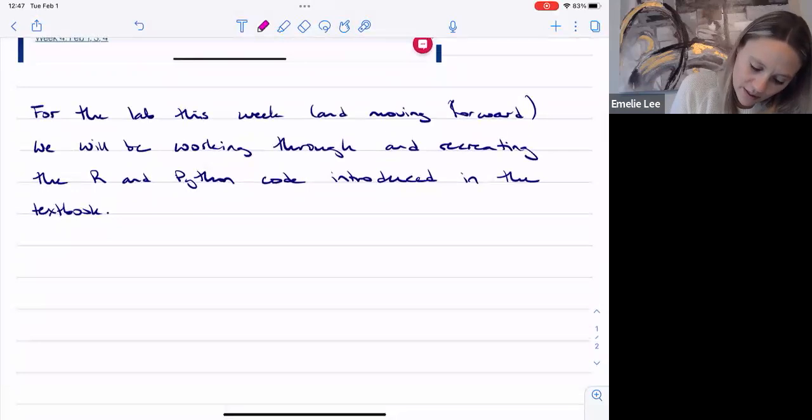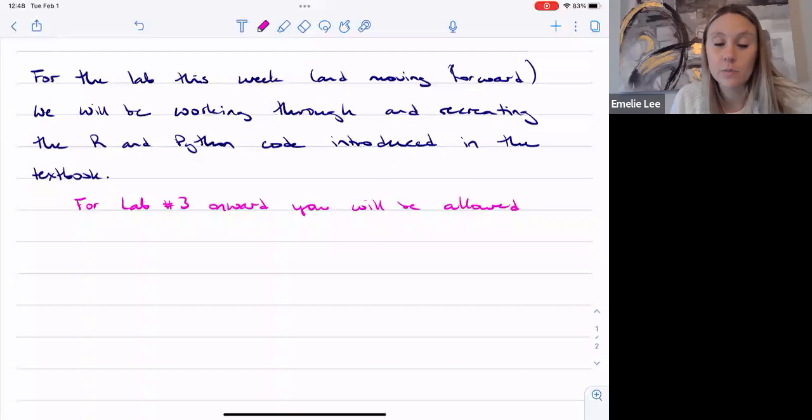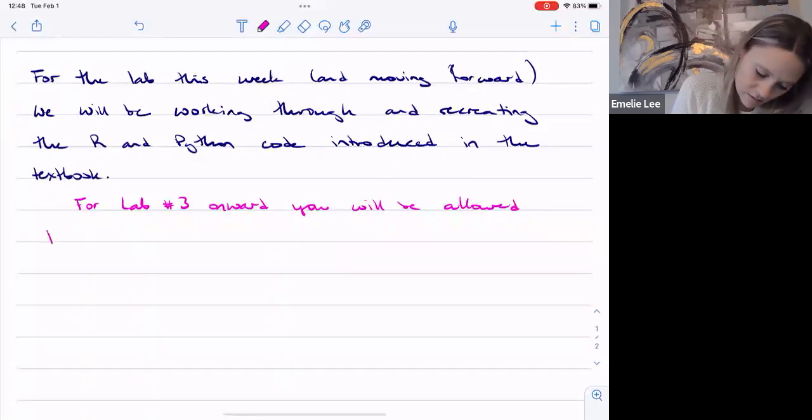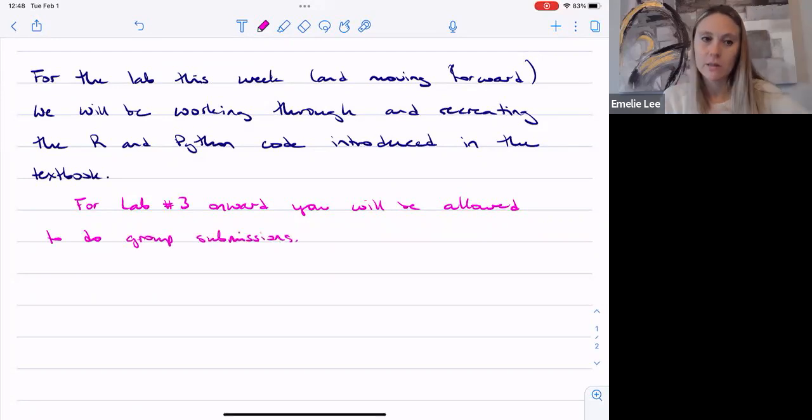And so for lab number 3 onward, you will be allowed to do group submissions. I'll talk more about that in the lab instructions.